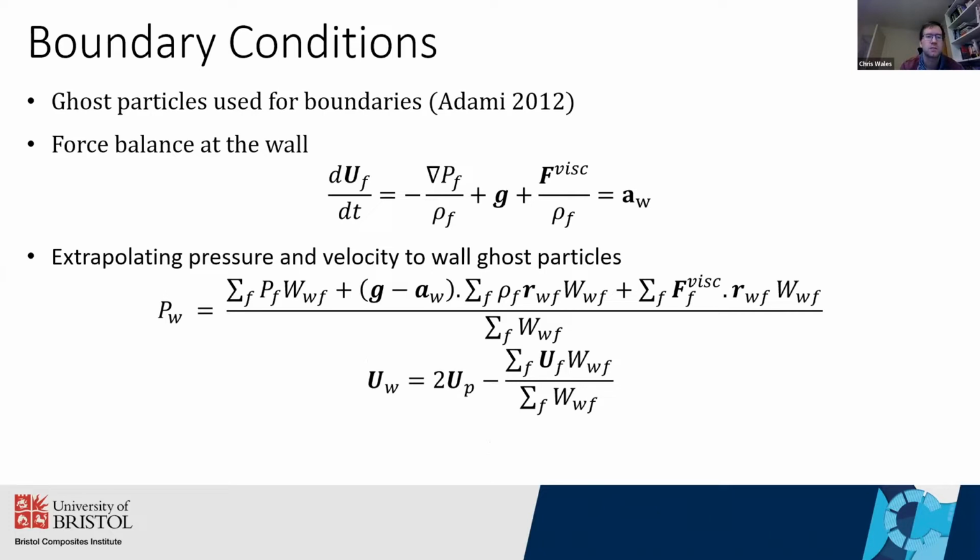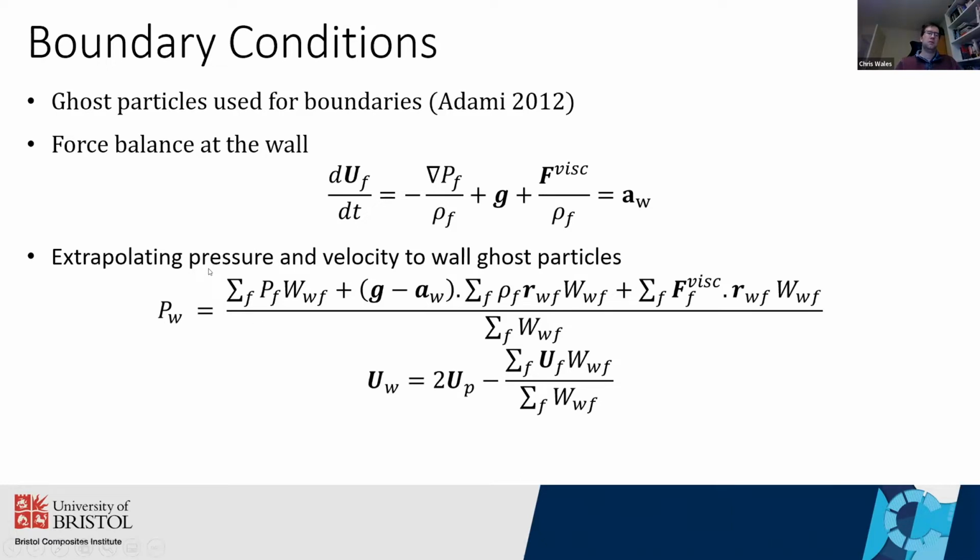So we're saying that the acceleration of the fluid close to the wall is related to the pressure gradient at the wall, gravity acting on the fluid, and then we have the additional viscous terms, which are typically left out of this boundary condition formulation for lower viscosity flows, but they're quite important for getting the correct pressure in the moving wall cases for the high viscosities we're going to be using, and this then equals the acceleration of the wall.